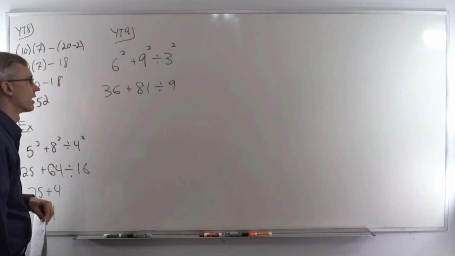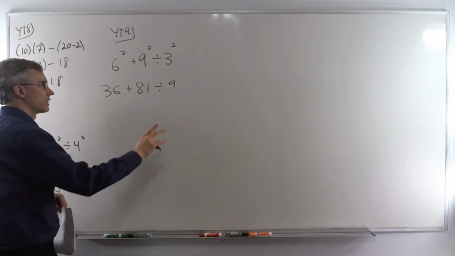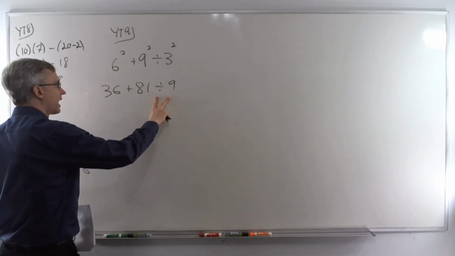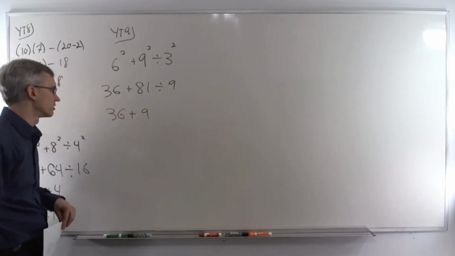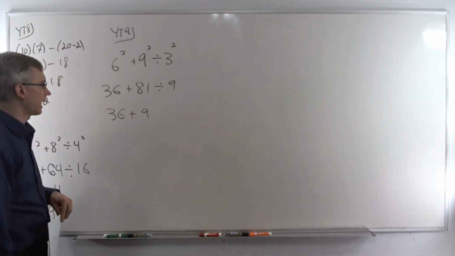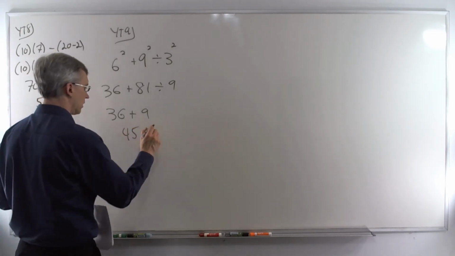And 3 squared is 9. Next up, multiplication division. 81 divided by 9 is 9. So we got 36 plus 9. Finally add. We get 45.